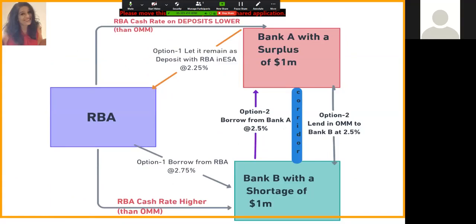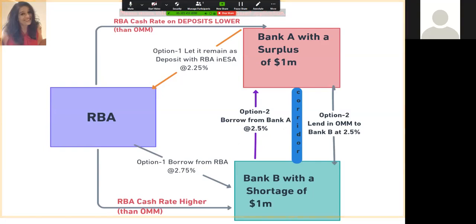Now, what is this interest rate corridor? I had suggested that this interest rate corridor relates to how the Reserve Bank maintains a certain level of interest in the money market.